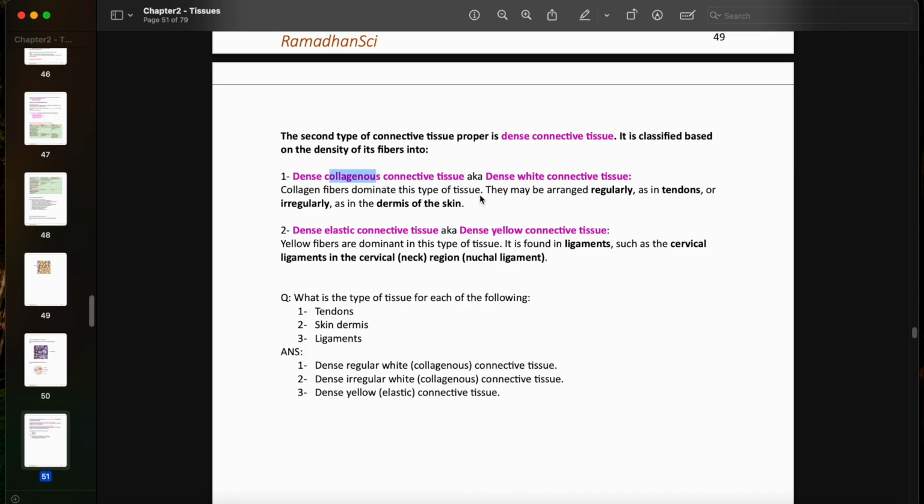So when they ask you about the tissue type for tendons, the answer is dense regular. You want to mention the word regular: dense regular white, or collagenous connective tissue. But if they ask you about the skin dermis, it's going to be dense irregular collagenous connective tissue.